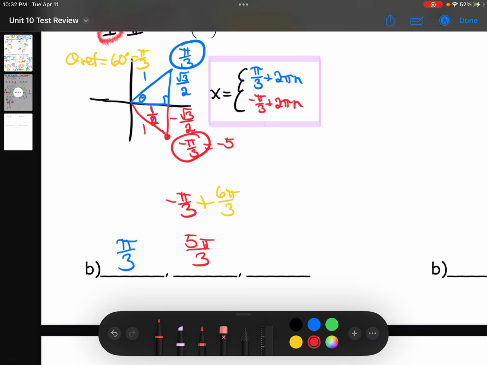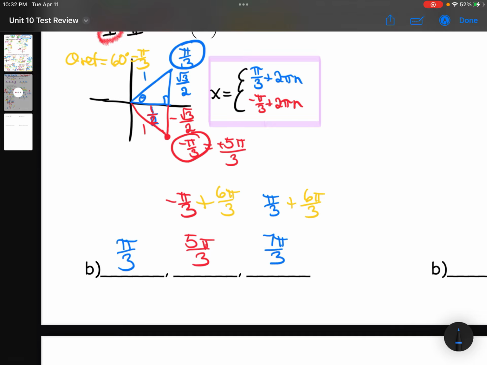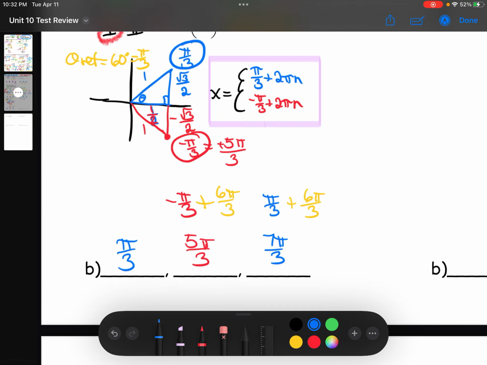That is equivalent in the same position as negative pi over 3. Then this third solution, we would take the first pi over 3 and add 6 pi over 3. So that third solution is 7 pi over 3. So there are your first three positive solutions.